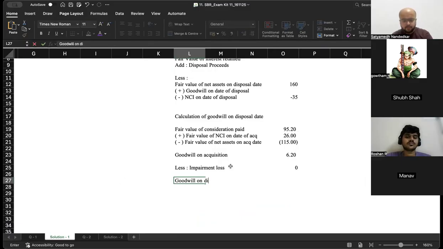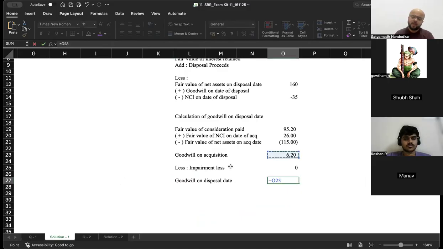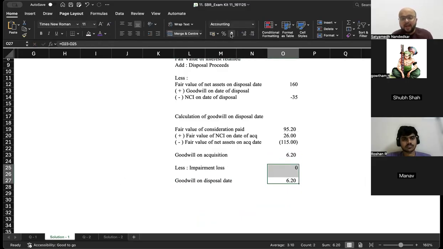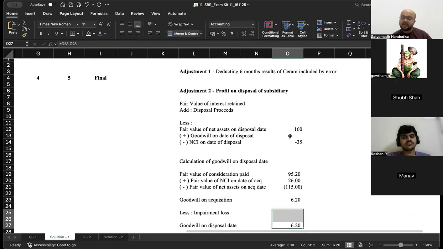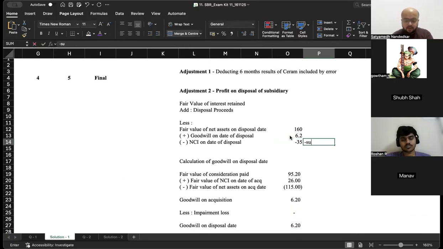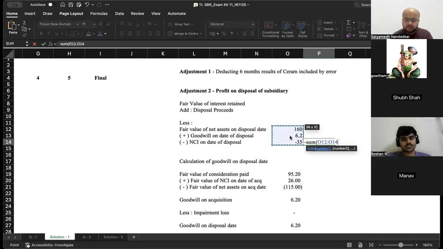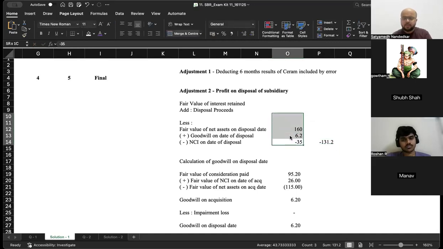Goodwill on disposal, same, 6.2. For us, doing this is important because we clearly have to arrive at goodwill on disposal date. Don't forget in the exam that you need goodwill on disposal date. Okay?